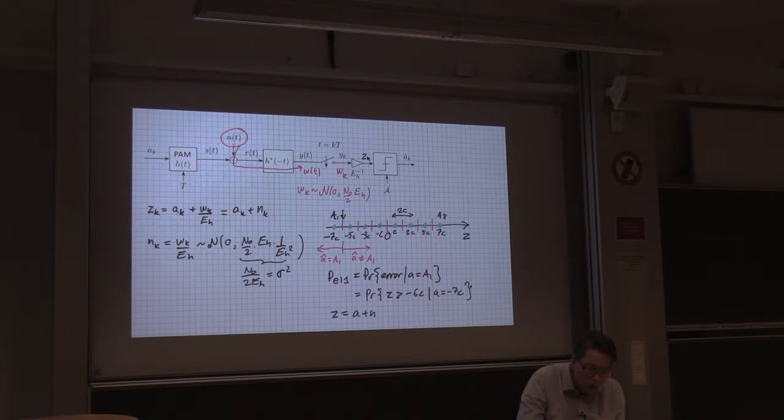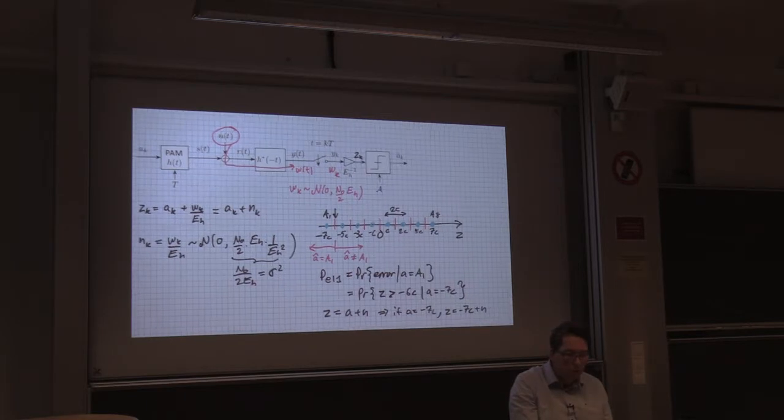So, which means that if A is equal to negative 7C, Z is equal to negative 7C plus N. Right?